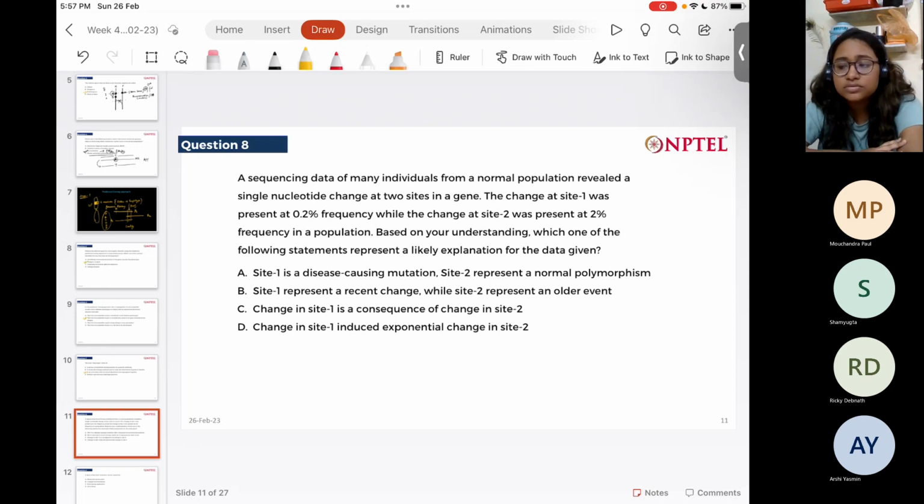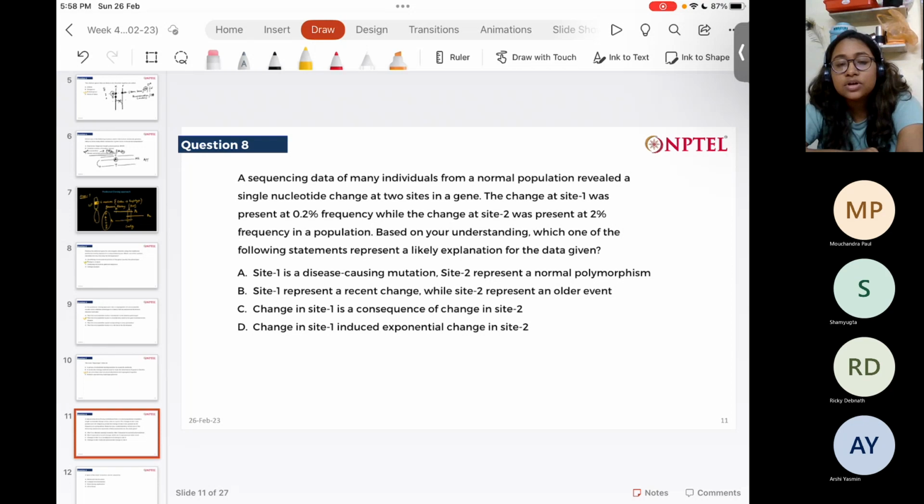It's fine if you are wrong. Ricky, Arshi, why don't you give it a try? Option A. Okay. So there are two answers. So both of you are wrong. The correct option is B.